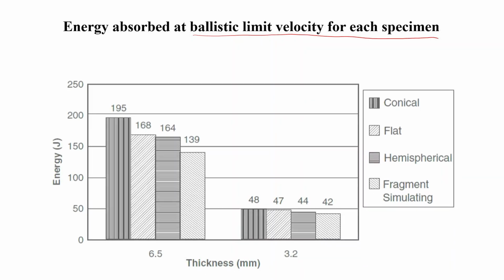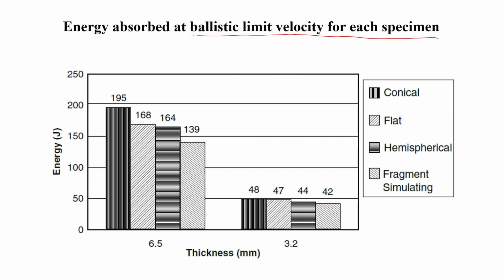Now, if we see the energy absorbed at the ballistic limit velocity for each specimen, what are the different types of energy absorbed? Now, try to see, like for conical, the 6.5 millimeter thick panel absorbs much more energy than the 3.2 millimeter panel.